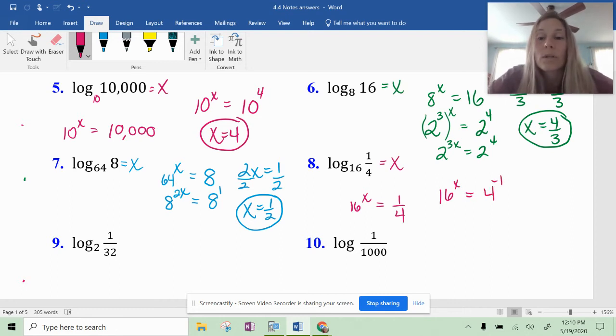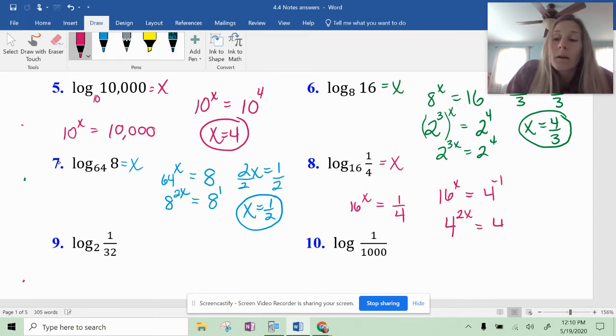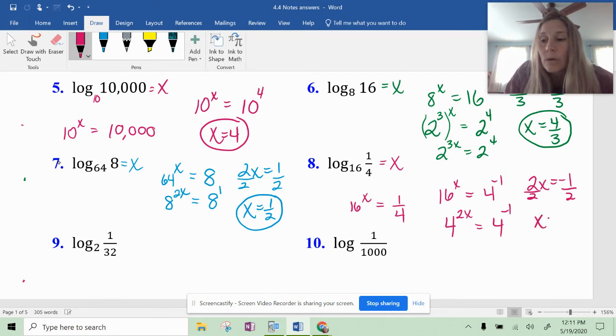So the first thing you want to do is get rid of the fraction just by flipping it and making it a negative exponent. Now the 16 I can rewrite as 4 squared. So now I have the same base. I have 4 to the 2x and 4 to the negative 1. So I no longer need my base of 4. I can just set up the equation 2x equals negative 1, divide by the 2. So x equals negative 1/2.